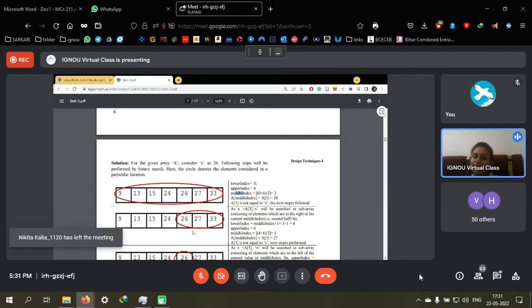So we have to consider the right side elements only. Now low will be mid plus 1, so it will be the fourth element. 4 plus 6 divided by 2 is equal to 5. So we have to consider the fifth element.